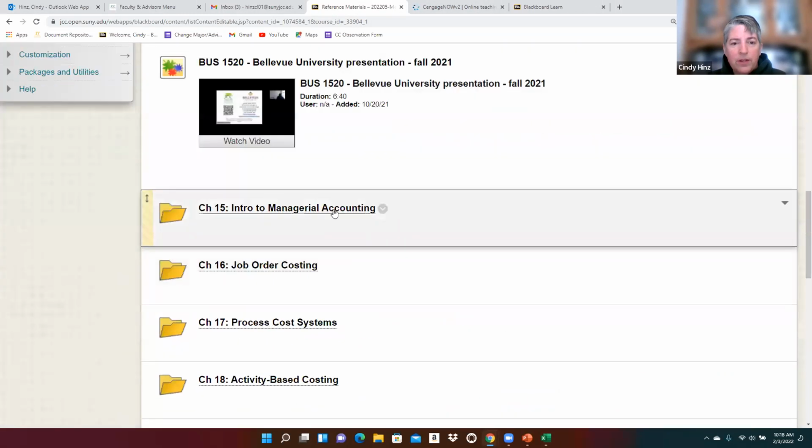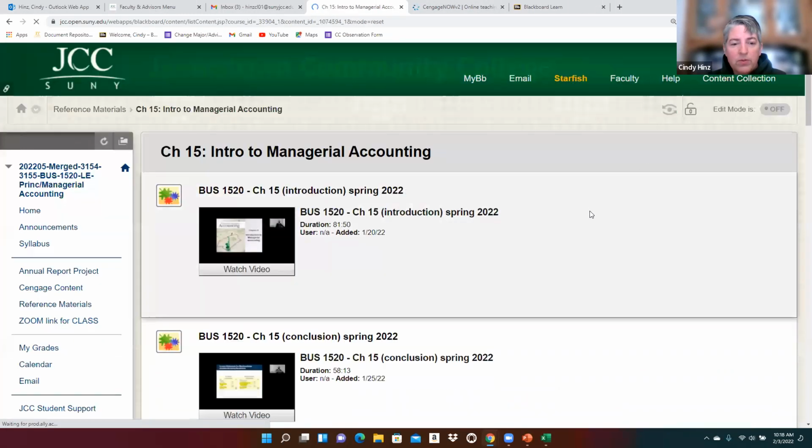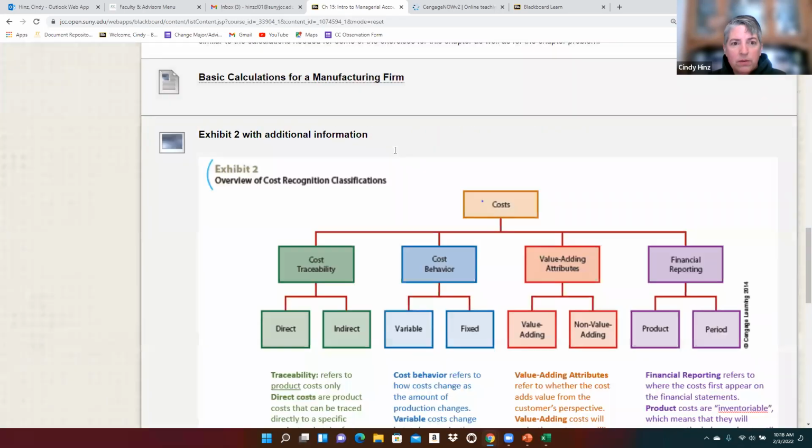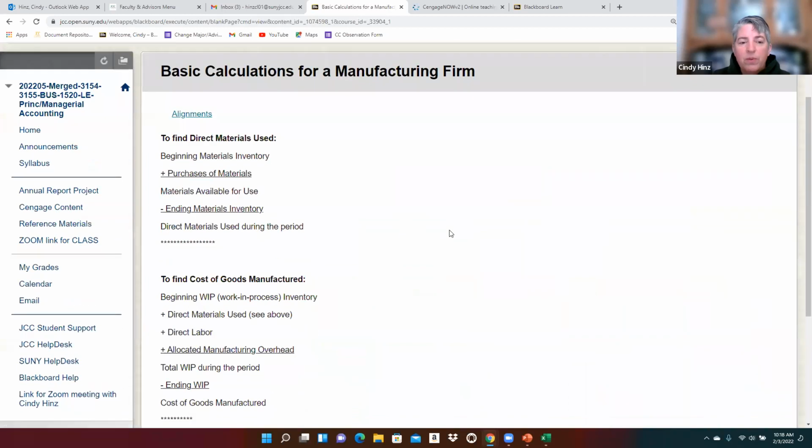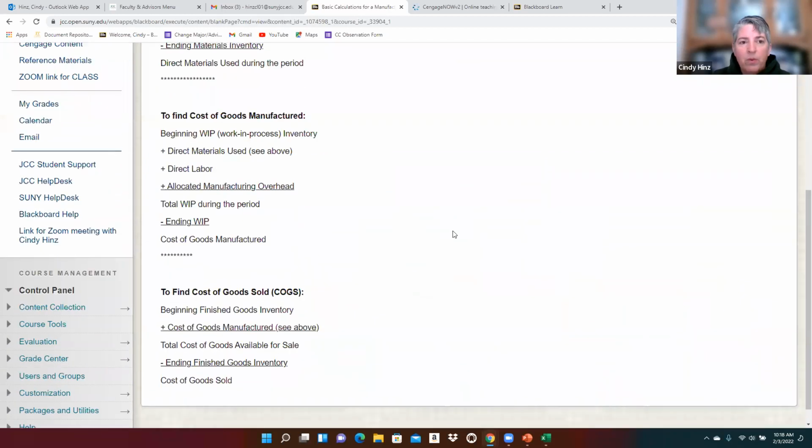And in the chapter 15 folder, I have those formulas for you. Right here, basic calculations for manufacturing firm. So this is what we're going to be doing next.